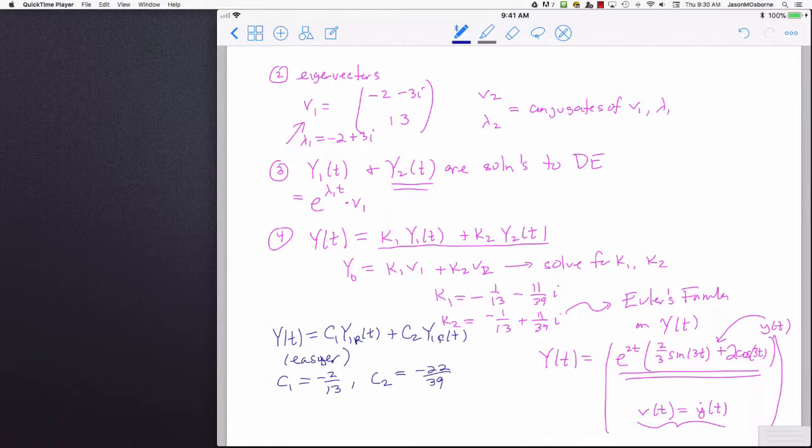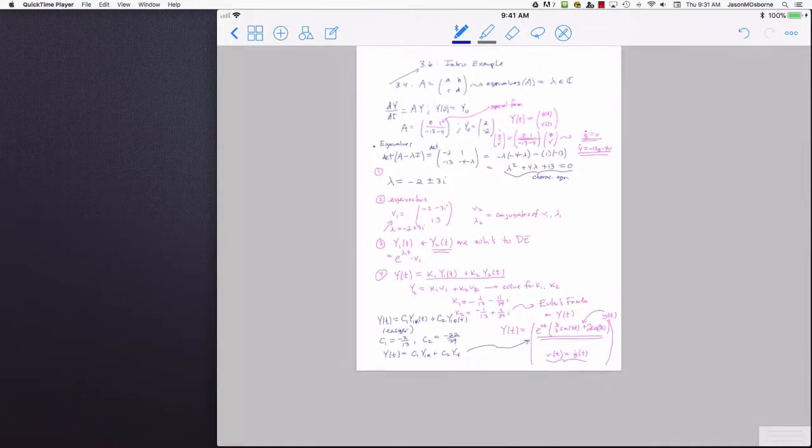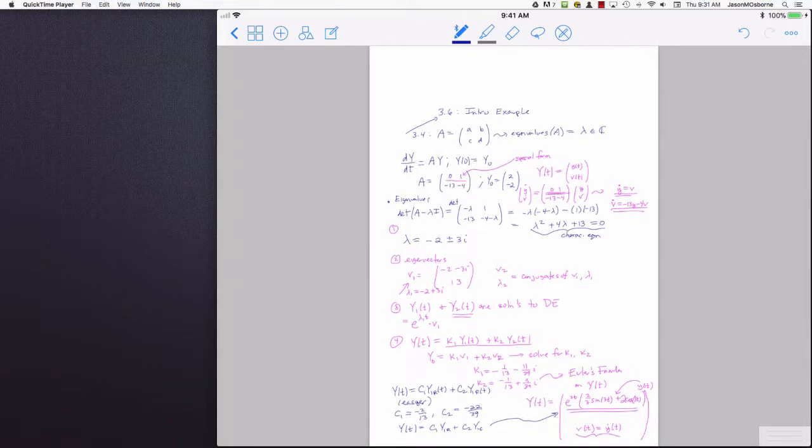The reason we're doing this example is because it's an example in the textbook, so we thought we would show the details from it. Therefore y(t) is c1 times the real part plus c2 times the imaginary part of y1, and that will simplify to the same answer. So there's the linear algebra route to solving this particular differential equation with the given initial conditions.